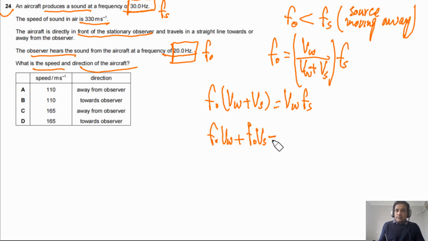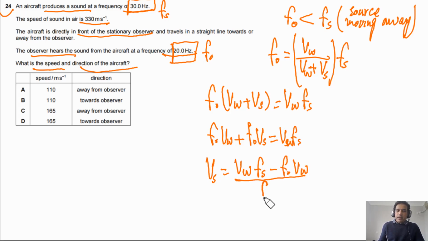So Vs will be equal to Vw times Fs minus F naught times Vw, divided by F naught. Vw is common, so we can take it out. So we have Vw times Fs minus F naught, divided by F naught.